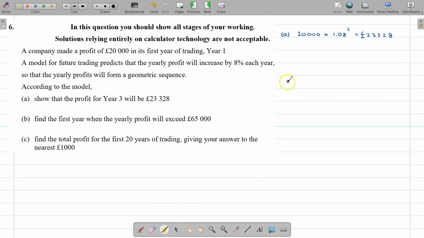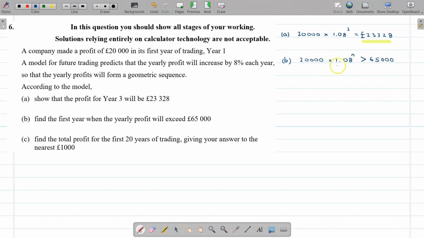And part B is wanting me to find the first year when the profit exceeds 65,000. So basically, I've got to do the same kind of thing, but instead of using 1.08 squared, I'm just going to use a power of, say, n for n years. So I've got 20,000 times 1.08 to the power of some number n has got to be greater than 65,000.